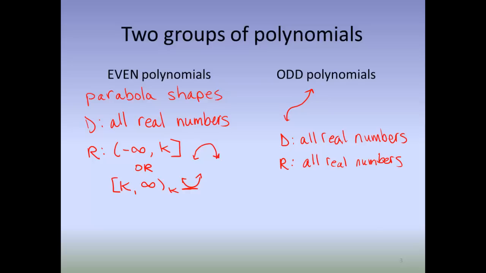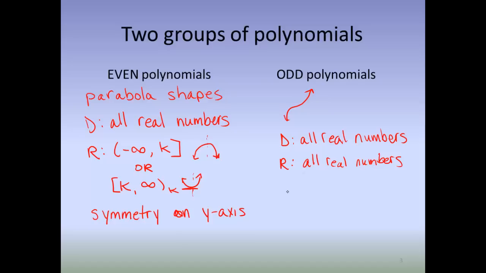Even polynomials are also defined based on their symmetry. They will have symmetry on the y-axis. So this axis of symmetry that cuts a parabola in half is going to be on the y-axis.